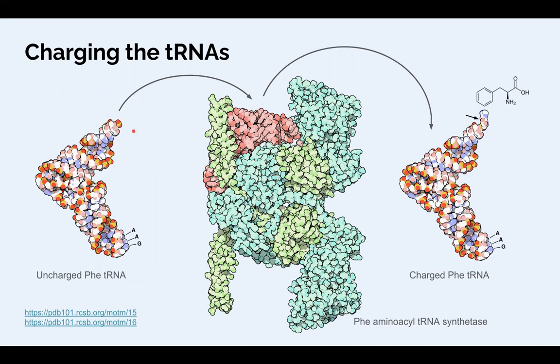This process shows an uncharged tRNA, a tRNA that doesn't have any amino acid attached to it. The uncharged tRNA gets charged by going into the tRNA synthetase and getting attached to a phenylalanine amino acid.